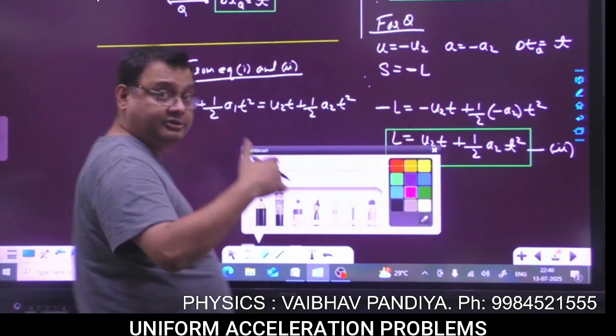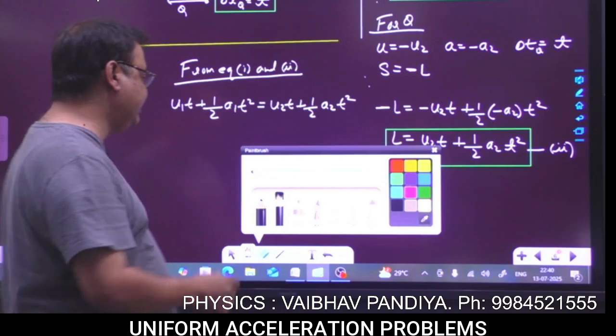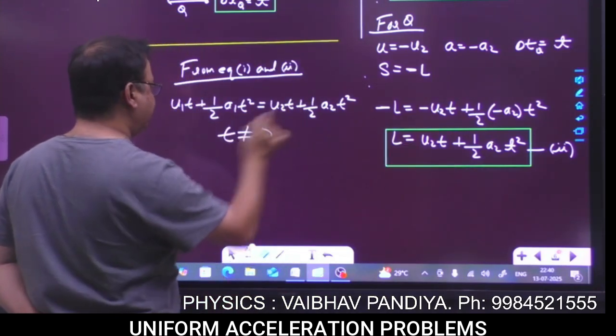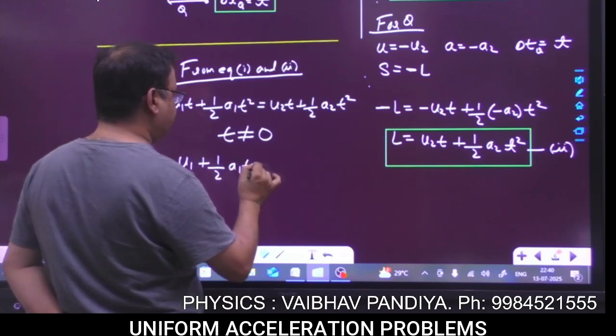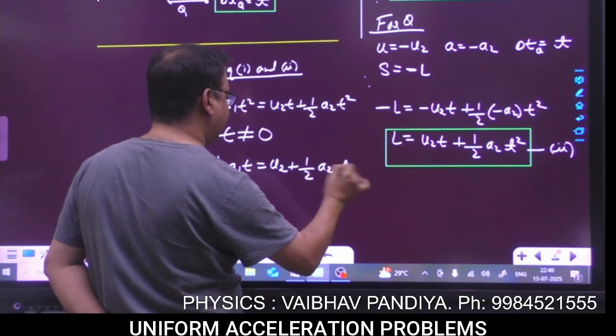And of course t will not be 0, because t0 has been taken as the initial time. So since t is not equal to 0, we can divide by t. So we'll get u1 plus half a1 t is equal to u2 plus half a2 t, correct?